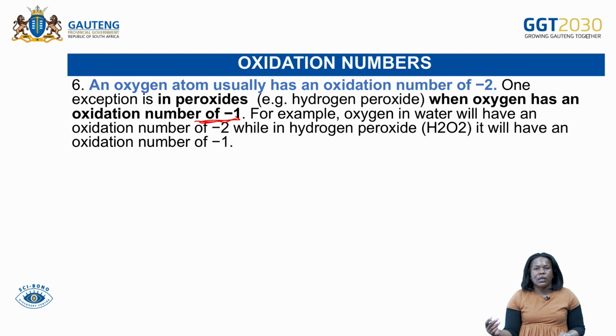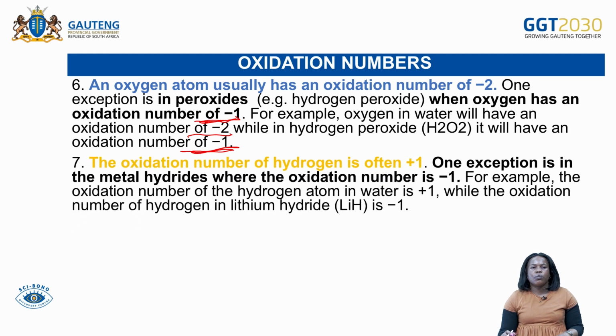For example, oxygen in water has an oxidation number of -2, while in hydrogen peroxide, it has an oxidation number of -1. So that's the only exception. But under normal circumstances, your oxygen atom will have an oxidation number of -2, because of where it is situated in our periodic table of elements.